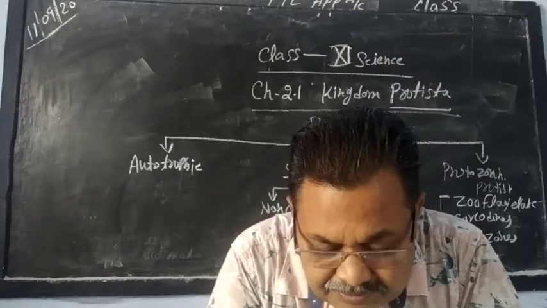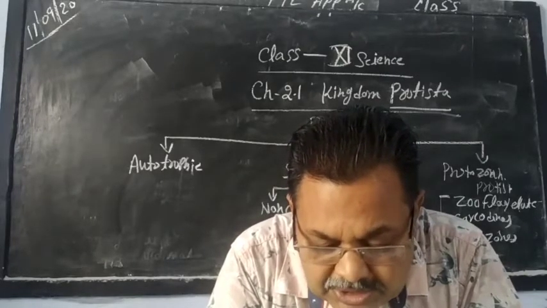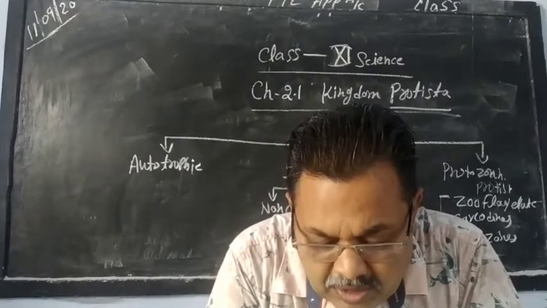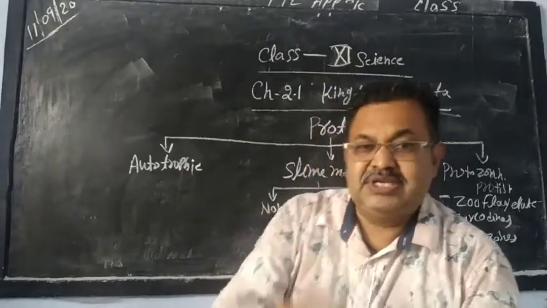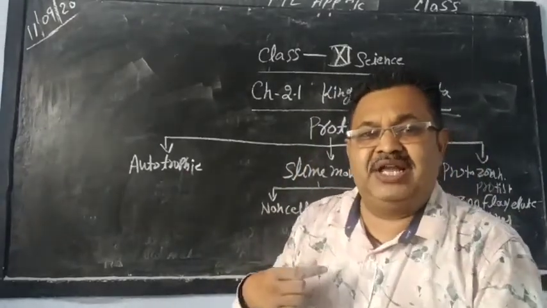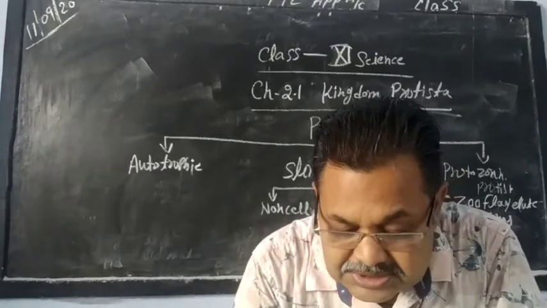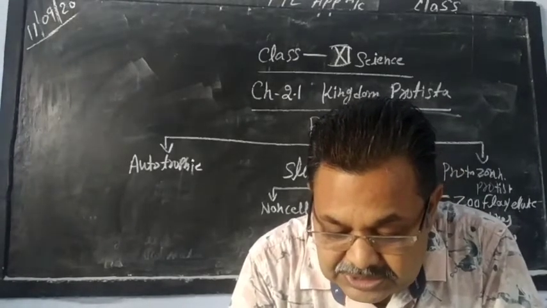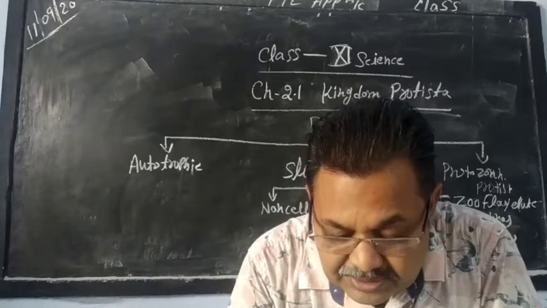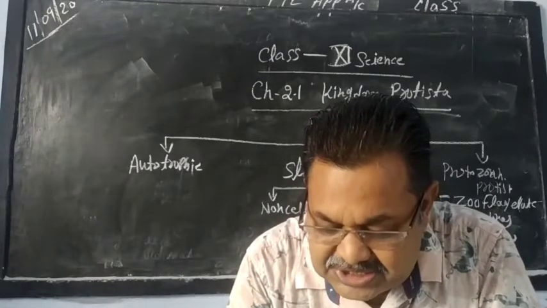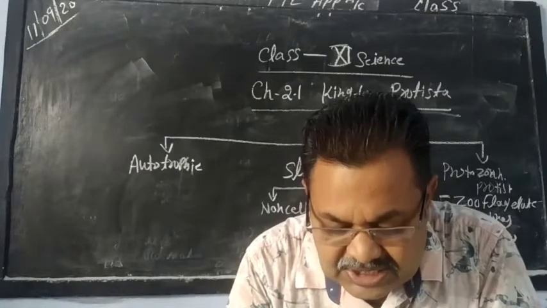Next thing is holozoic. Holozoic means it engulfs its food; it has a proper alimentary canal. Next one is saprobic. This mode of nutrition secretes digestive enzymes from the cell surface.